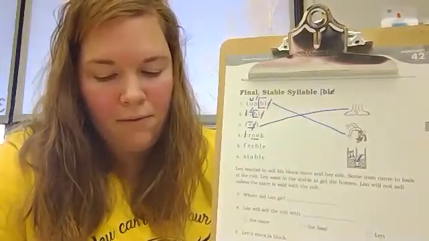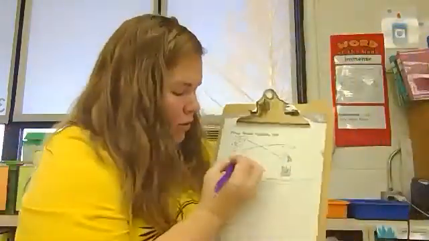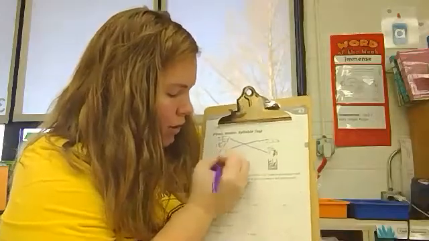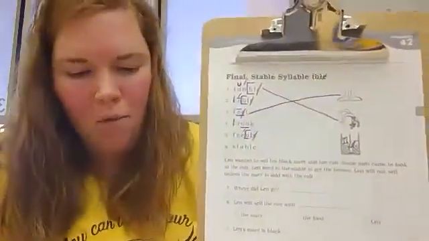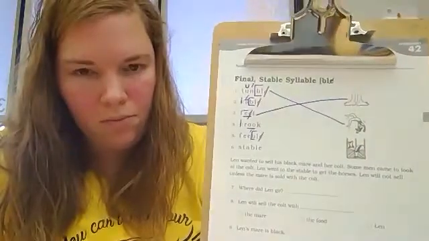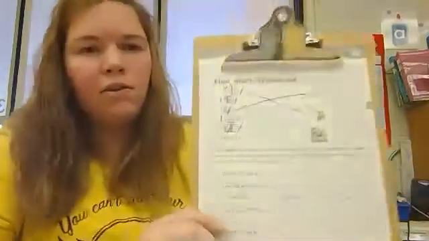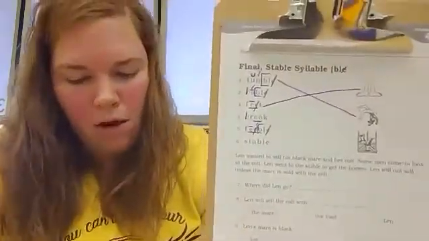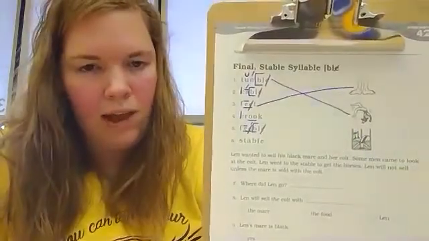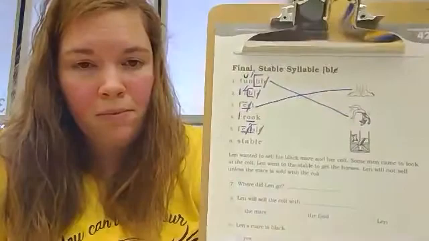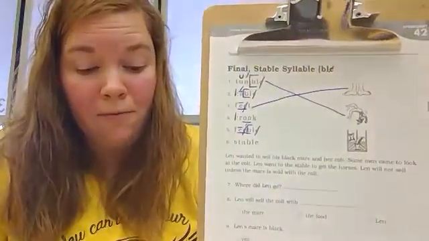Number 5, I see final stable syllable, B-L-E. Bracket, cross out the final E, accent mark. There is digraph E-E again. Underline your digraph, put your macron above the first E, cross out the second E. Read number 5. Number 5 says feeble.